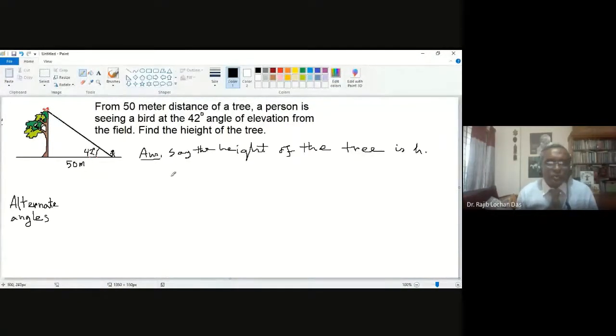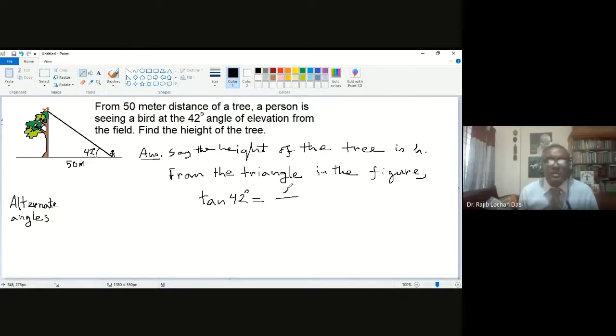So from the triangle in the figure, you can write tan 42 degree is h divided by 50, because tan is opposite over adjacent, opposite divided by adjacent.